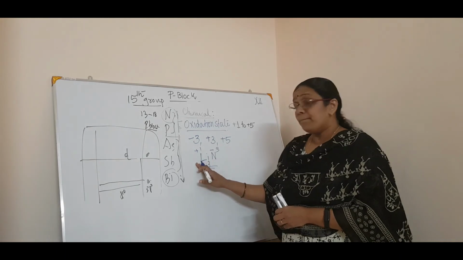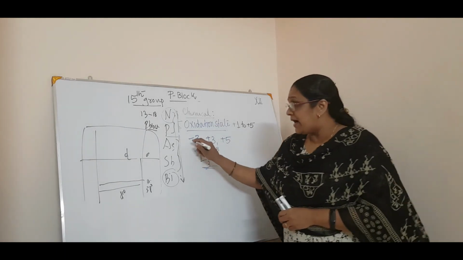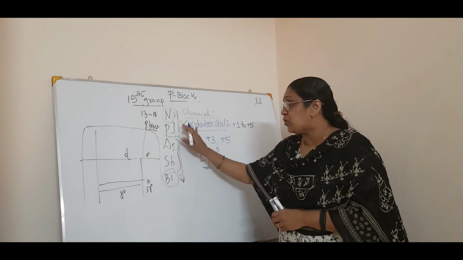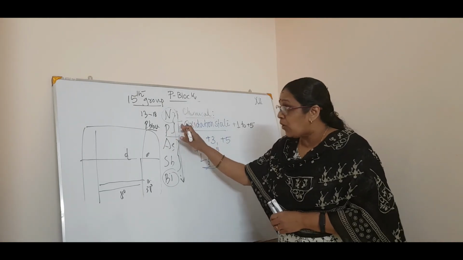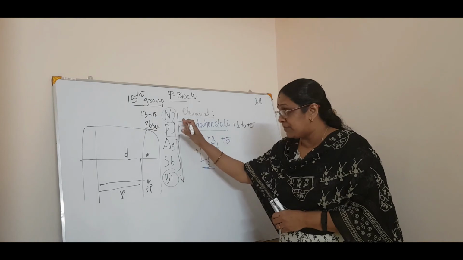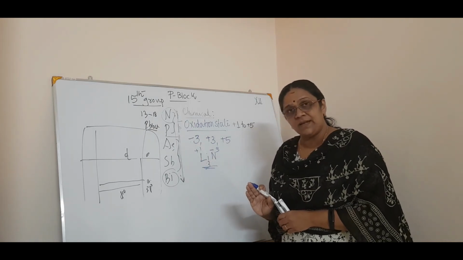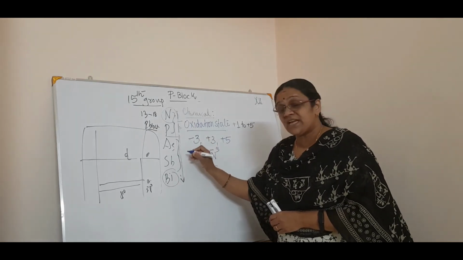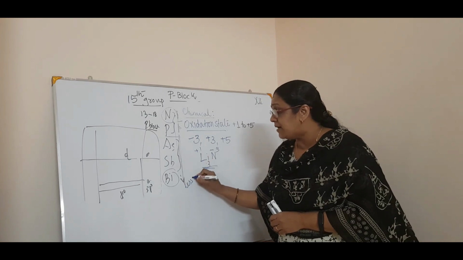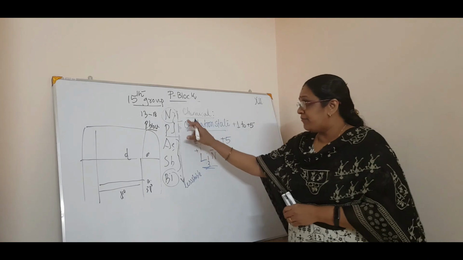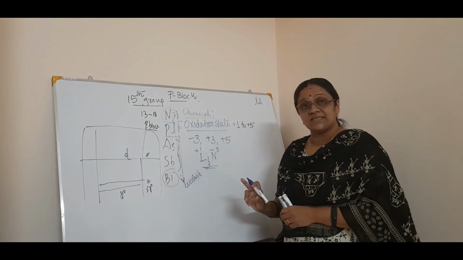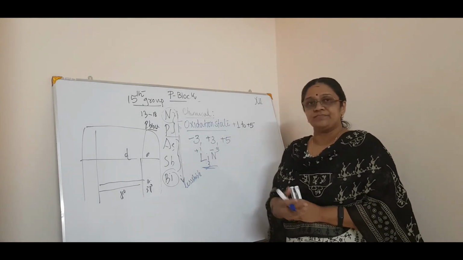But the -3 oxidation state, they will show more in nitrogen and phosphorus. As you go from top to bottom in this nitrogen family, the -3 oxidation state becomes less stable. So you have to account for that.